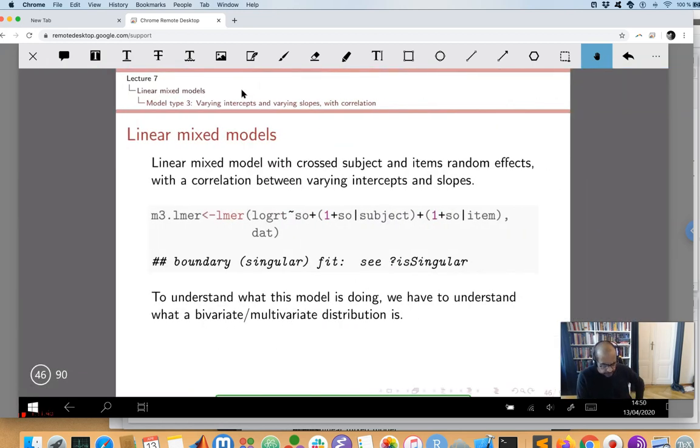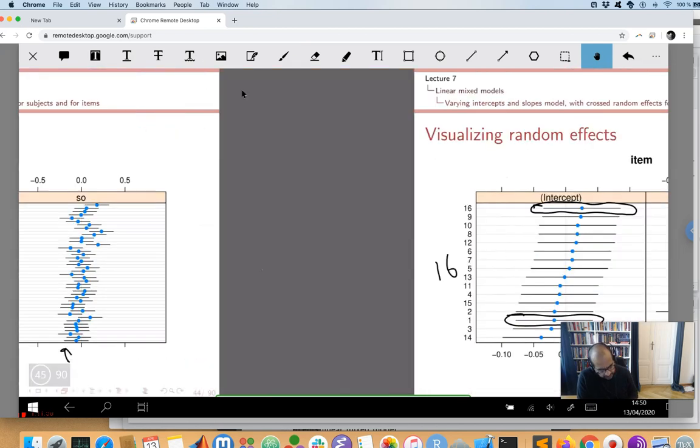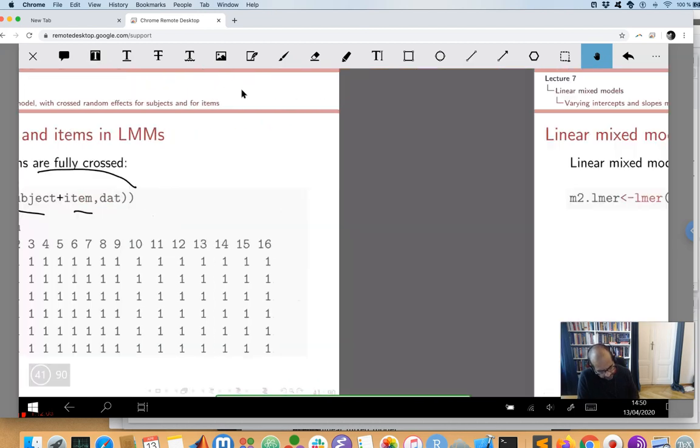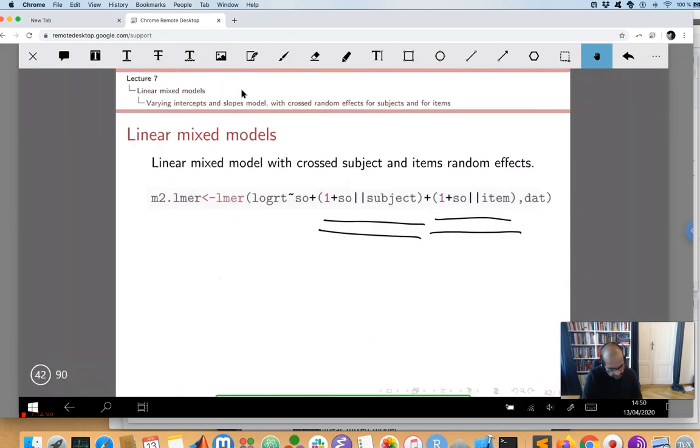All right, so the linear mixed model that we have built up so far is the model with crossed subjects and items random effects. Let me write down the formal statement of this model. For every subject i and every item j, I'm assuming that there is a grand mean intercept, an intercept adjustment by subjects and an intercept adjustment by items.